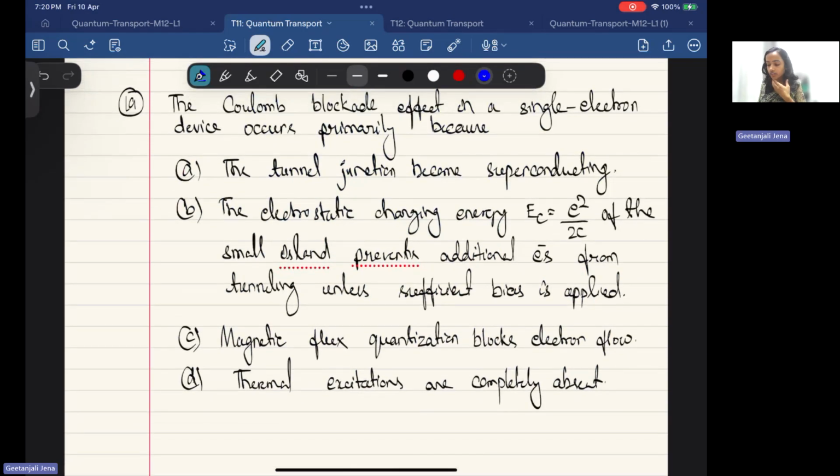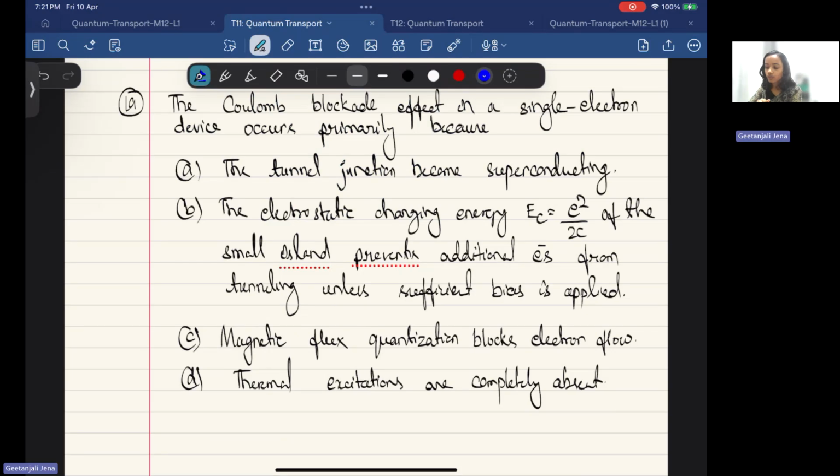Question number 19. A Coulomb blockade effect in a single electron device occurs primarily because: option A, the tunnel junction becomes superconducting; option B, the electrostatic charging energy, EC equal to e square by 2C, of this small island prevents additional electrons from tunneling unless sufficient bias is applied; option C, magnetic flux quantization blocks the electron flow; or option D, thermal excitations are completely absent.